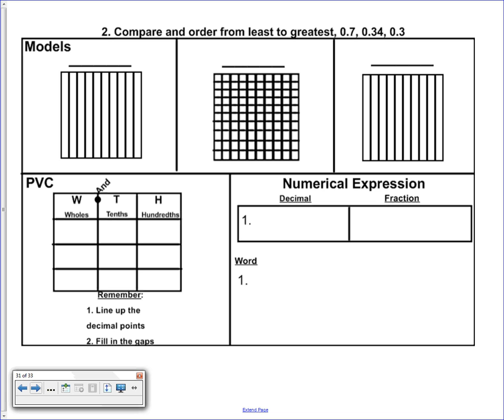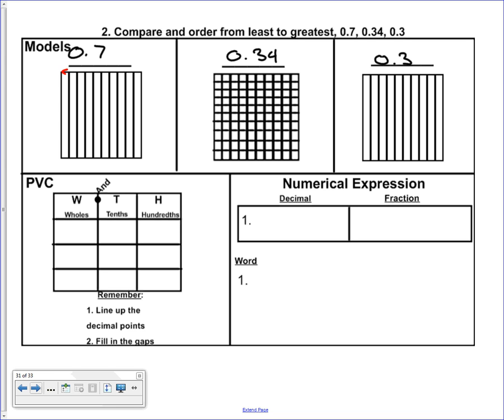Alright, this next example. I want to compare in order from least to greatest 7/10, 34/100, and 3/10. So let's make this one 7/10, this one 34/100, and this one 3/10.